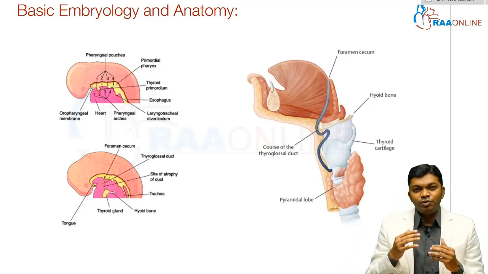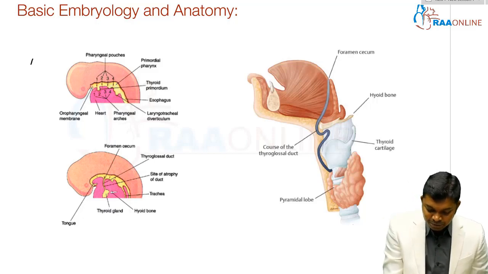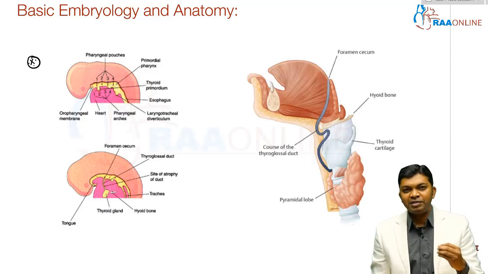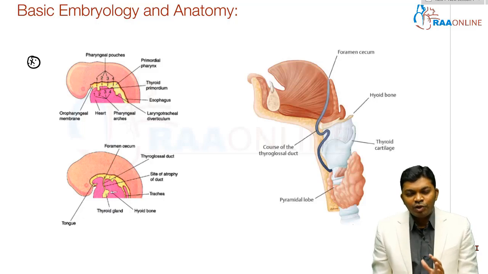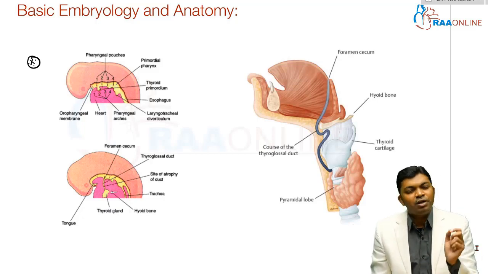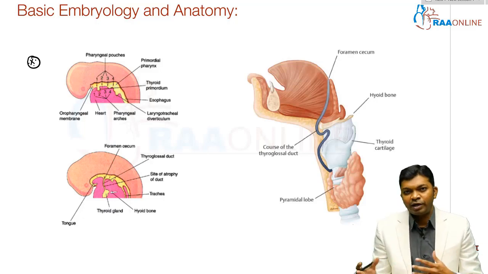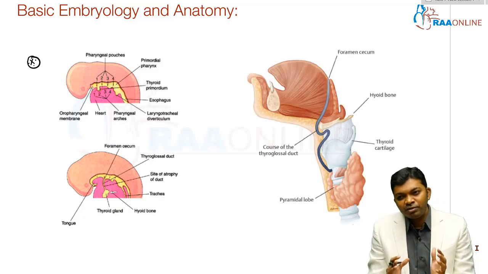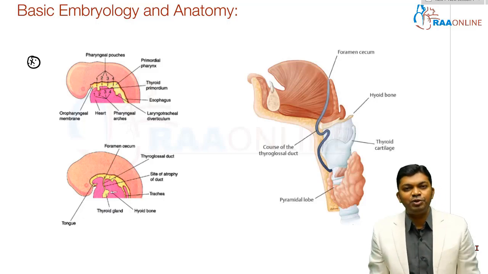Guys, when it comes to development of thyroid gland, the first picture gives you an idea of pharyngeal arches in an embryo. Again, an element of basic embryology is needed to understand this picture. If you're not very clear on this picture, I want you guys to get back to your embryology videos, have a brief idea of embryogenesis, pharyngeal arches, pouches, neuroectoderm and everything, so that the understanding of these pictures and the subsequent development of thyroid gland, all these discussions will turn productive and meaningful for you.